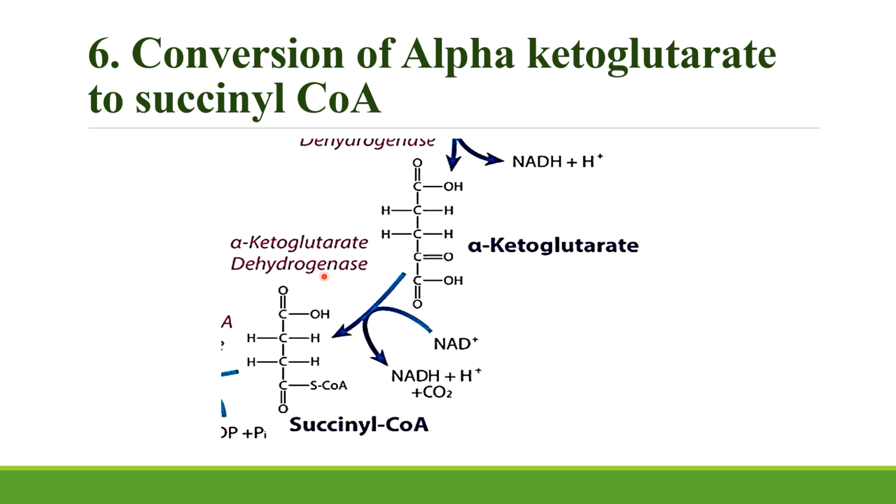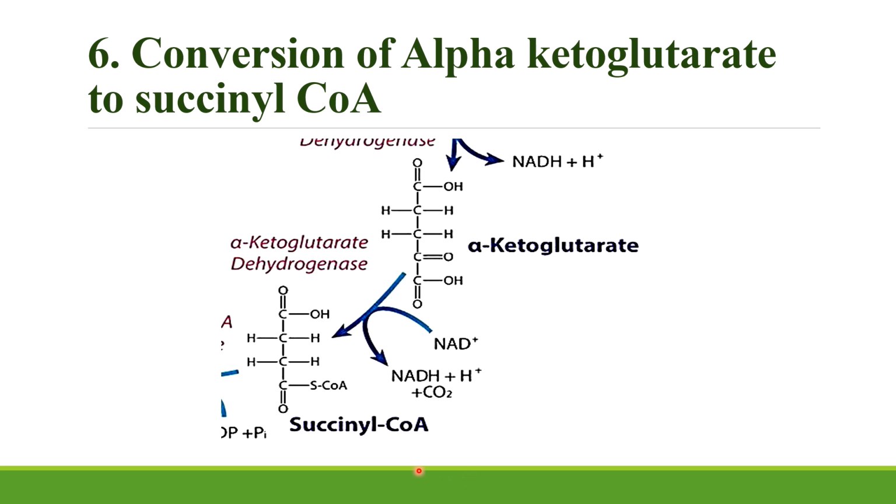This multi-enzyme complex requires cofactors for its activity, which include TPP, thiamine pyrophosphate, lipoamide, NAD+, FAD, as well as coenzyme A. The mechanism of conversion is very similar to that which we studied previously, catalyzed by pyruvate dehydrogenase, which is also a multi-enzyme complex.